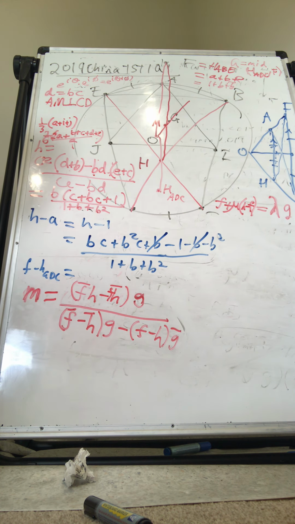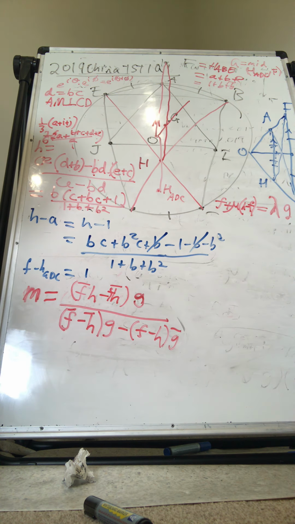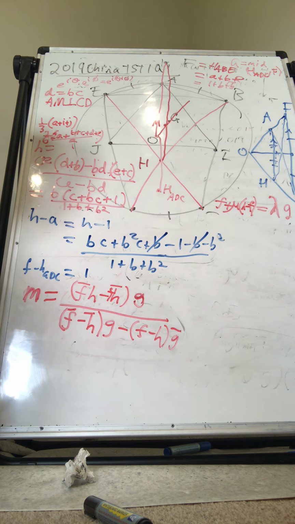What's H? It's 1 plus b bar minus some stuff. No, H is not the sum.